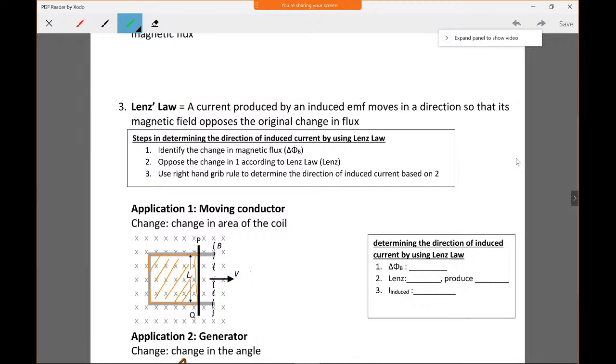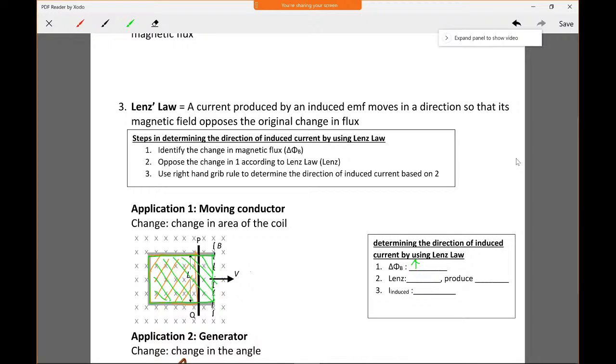The final area now covered by the whole loop is shaded by green color. If you compare the magnetic flux before and after, is there a change? Yes, there is an increase in the magnetic flux.